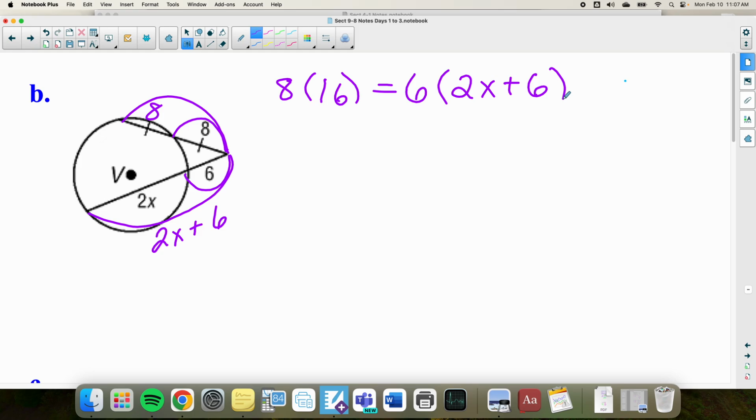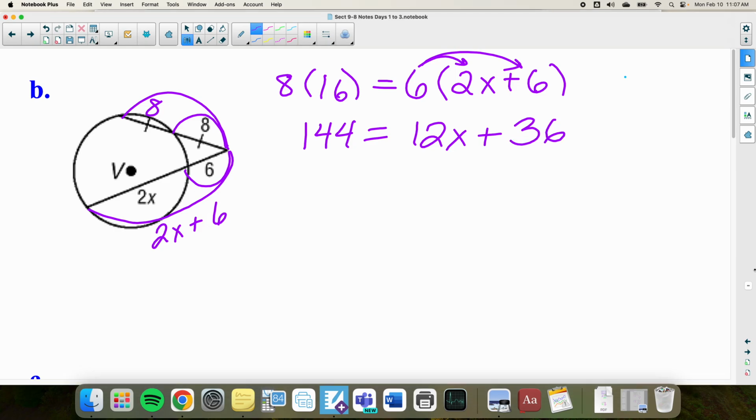Now what we're going to do is multiply these two, and I get 144. And then I'm going to distribute here. 6 times 2x is 12x. 6 times 6 is 36. Okay? And then I'm just going to solve. Subtract 36.